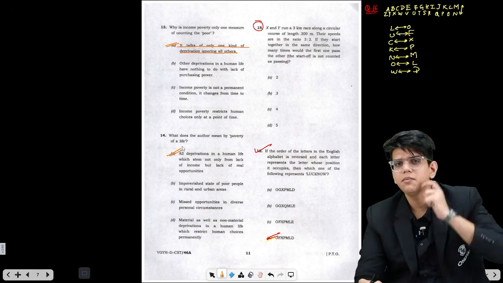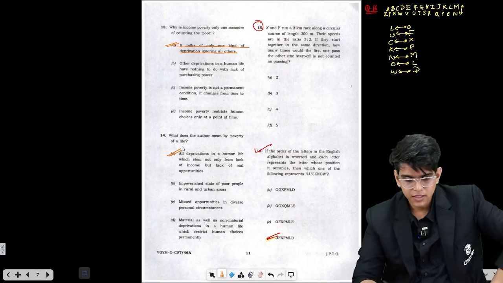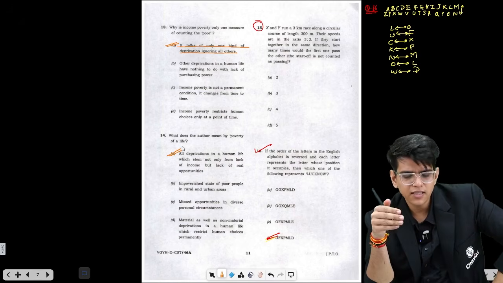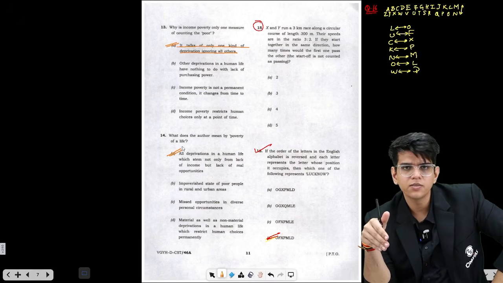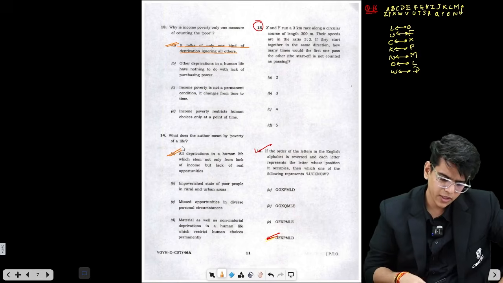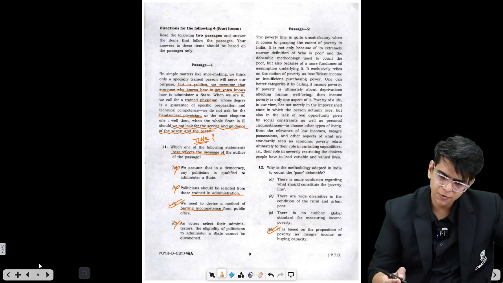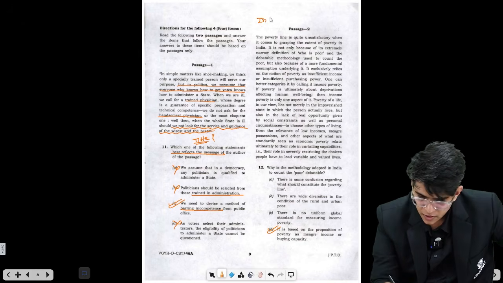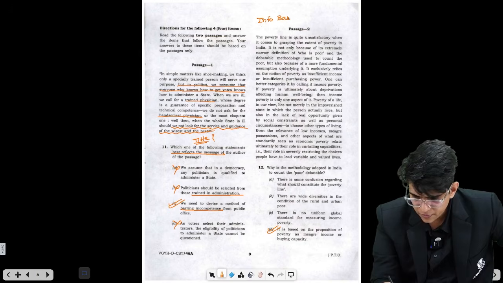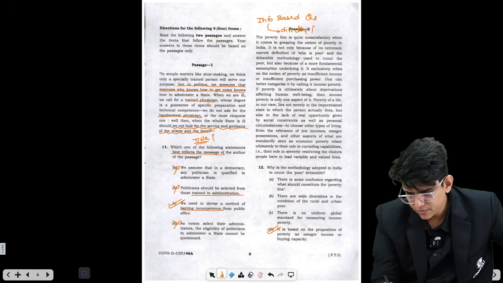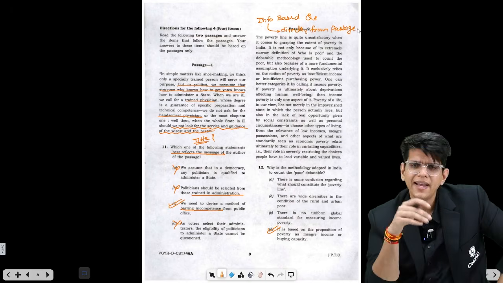Okay, this is the main point of discussion in the passage. The passage is very easy and that's why I am going quickly over it, because these three options you can directly find in the passage. This is info based questions directly from the passage. You need not analyze.